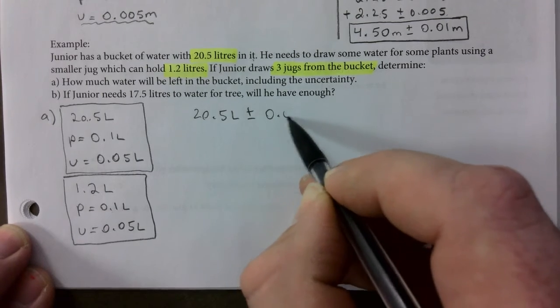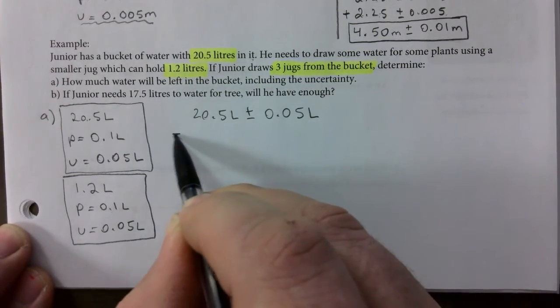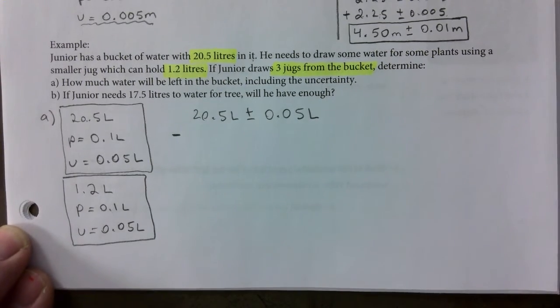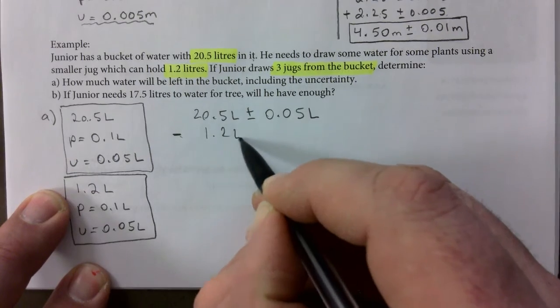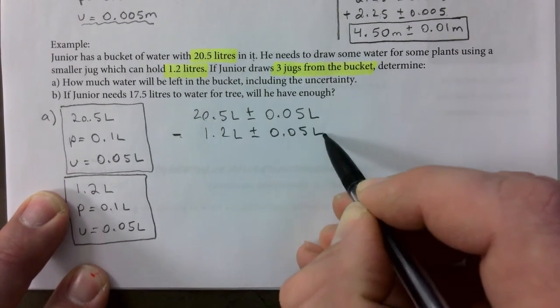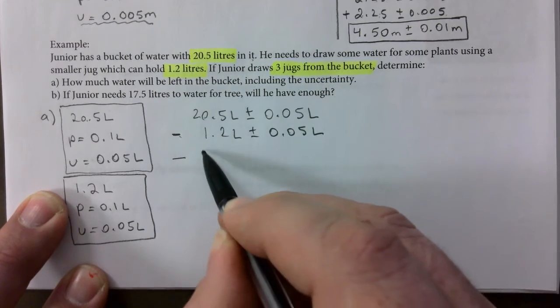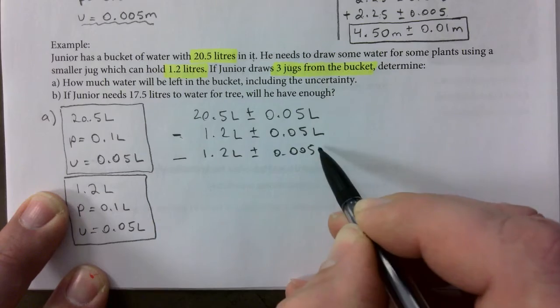So let's start with the big bucket, right? The big bucket, and we're drawing. So when you're drawing water, I'm assuming you understand that it's minus 1.2 liters plus or minus 0.05 liters. That's one small bucket. Another small bucket.